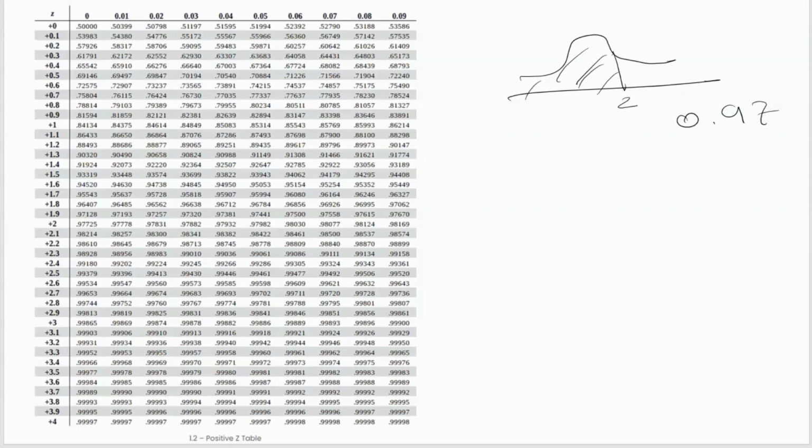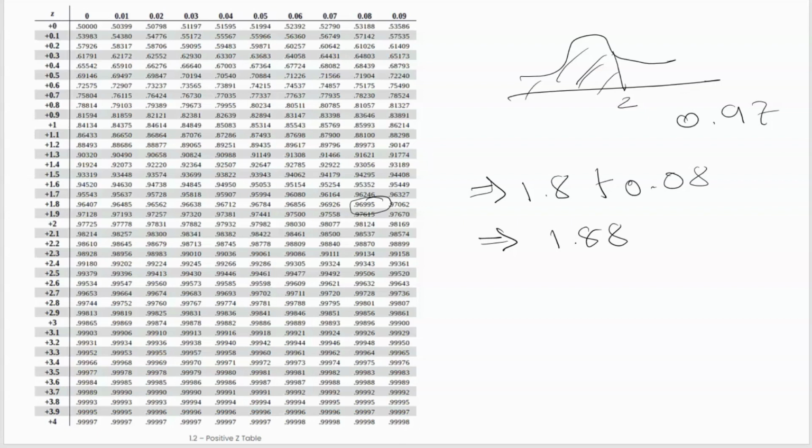So we have this value 0.96999, which is the one that is closest to 0.97. Here we have a value of 0.08, and on this side is 1.8. We're going to add the 0.08, so we get a value of 1.88. So that's our Z value here.